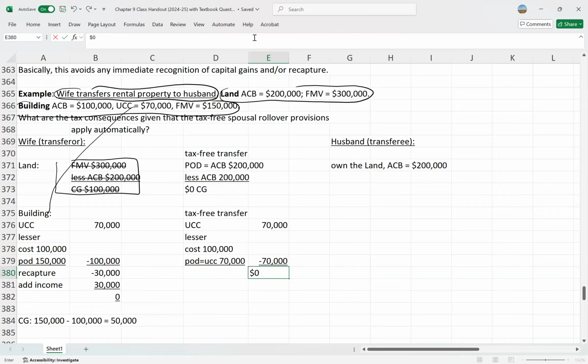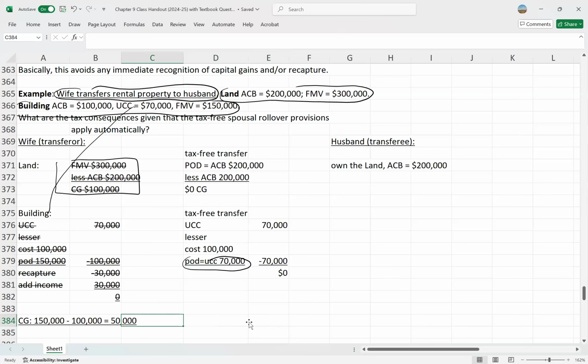And so this would be 0. So we can avoid all of this by using the tax-free transfer. And that would also avoid the capital gain, because there would be no capital gain as we're transferring it with proceeds equal to 70,000. So there would be no capital gain to report as well.